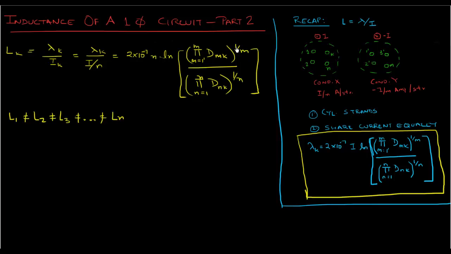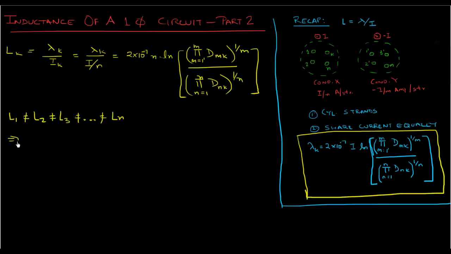And why is that so? You can see that from here. The distance from each of these strands to each of the other strands, let's say in conductor Y or within conductor X, is going to be different. Therefore, this product function is going to come out different. Therefore, L_k for each value of k is going to be different, so the inductances are not the same.